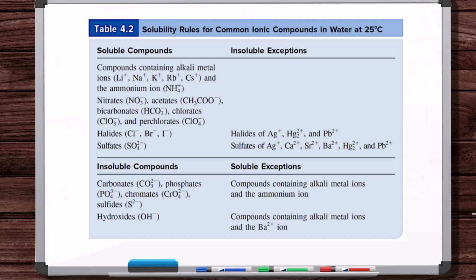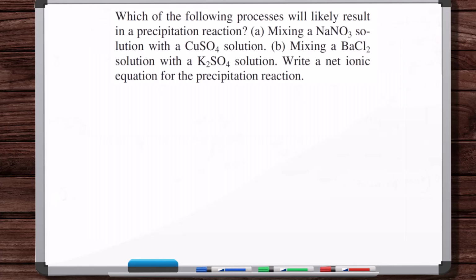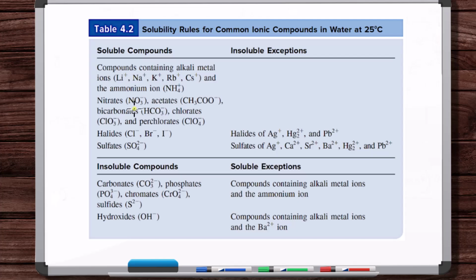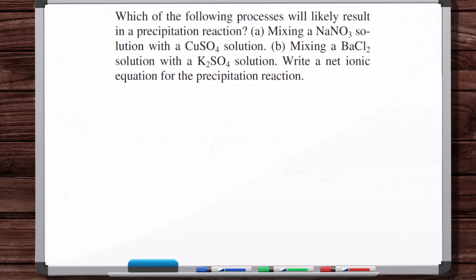So, no ionic compound with a sodium cation is going to precipitate out. All right, now copper 2 and nitrate. So nitrates are all soluble. All nitrate ionic compounds are soluble. So we're dealing with sodium cations and nitrate anions. Nothing's going to precipitate out.